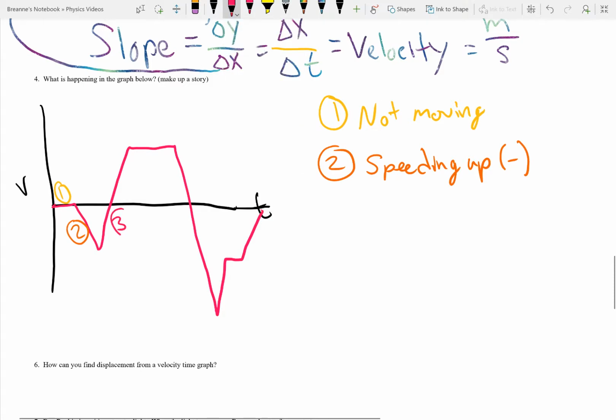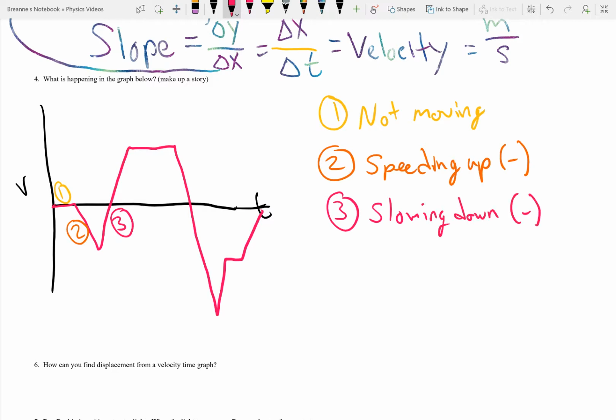So 3, we are slowing down because our numbers would be getting smaller. Slowing down in the negative because we're still in the negative quadrant.